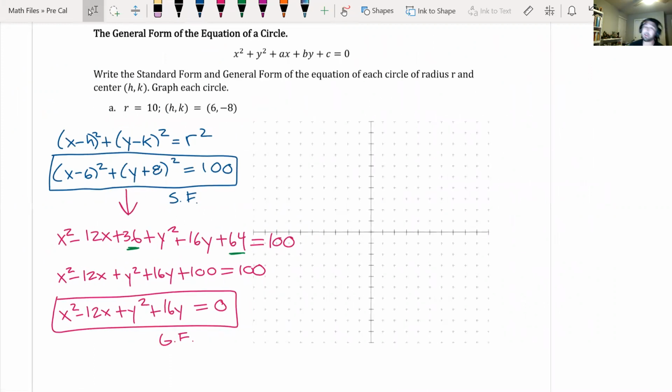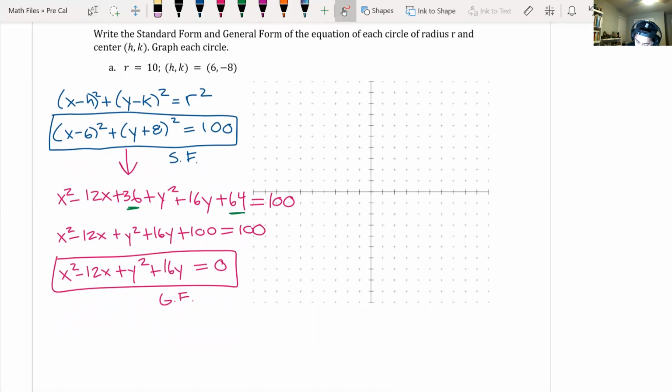Okay. And now it's said to graph it. So do we even have room? Probably not. But let's see. 6, negative 8. Radius is 10. Oh, goodness. Is that going to go off the paper? Not if we say that these go by 2s, though, right?